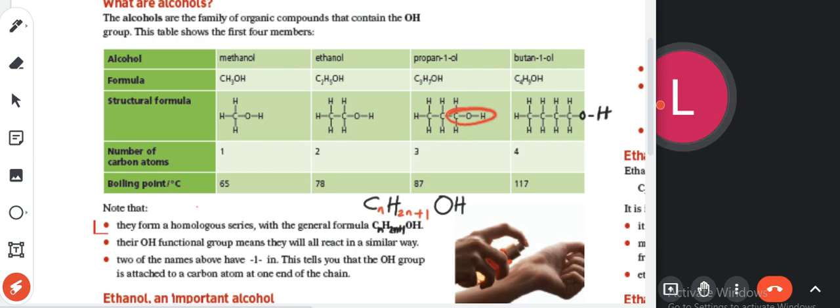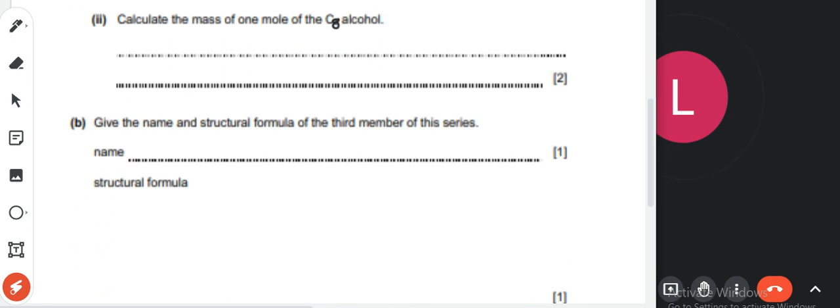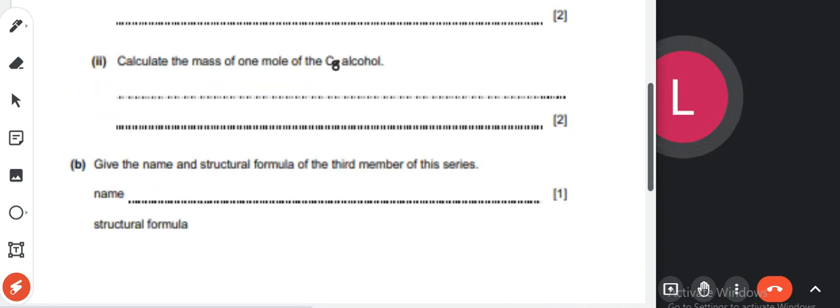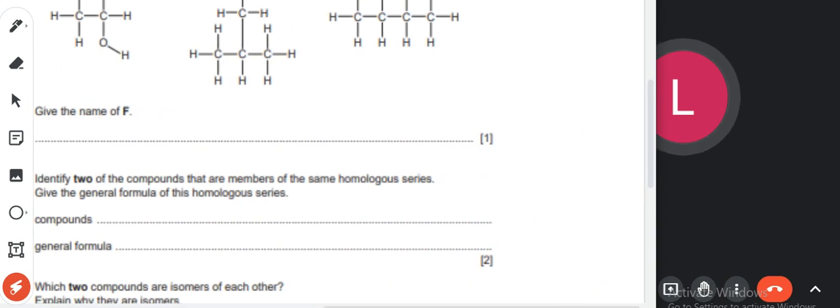It is on the first carbon atom from the right. That's why this is also butan-1-ol. We talked about that. So, calculate the mass of 1 mole of C8 alcohol. You can get that by finding the molar mass. Alright, these are some of the practice questions.